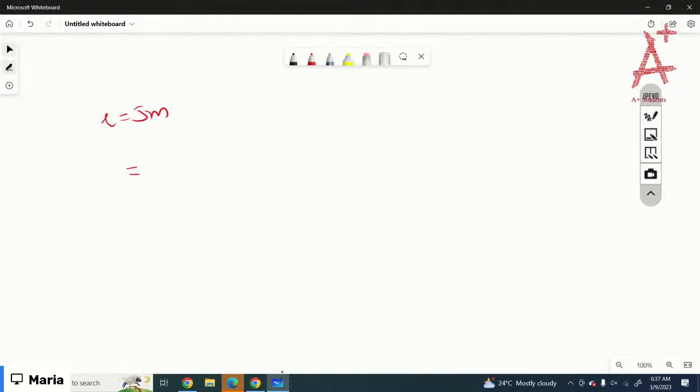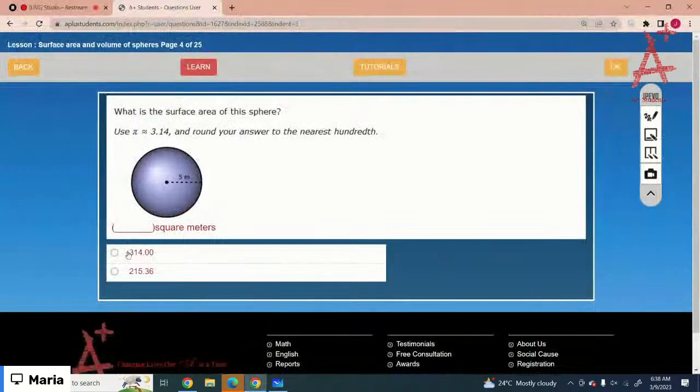The formula is 4 pi r square. That is the surface area of the sphere. 4 pi is 3.14 and r is 5 square. Just calculate the values. 5 times 5 is 25, times 3.14 times 4, that is 314. That means the surface area is 314. Got it?